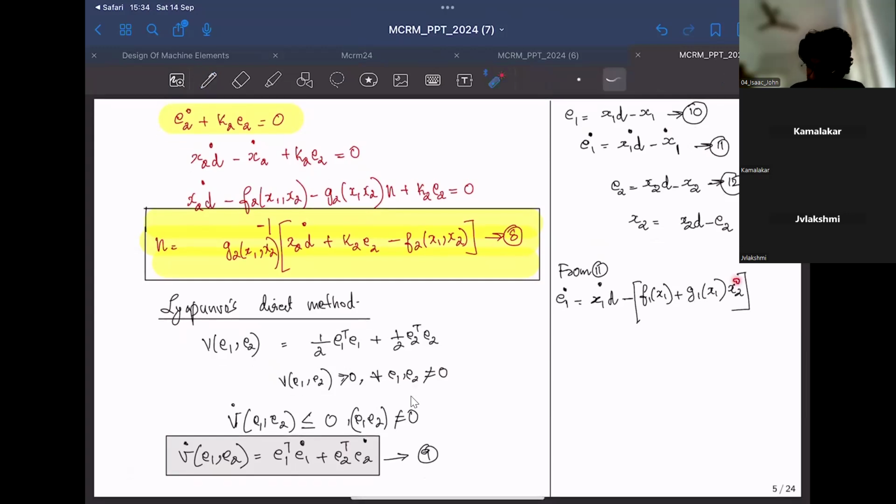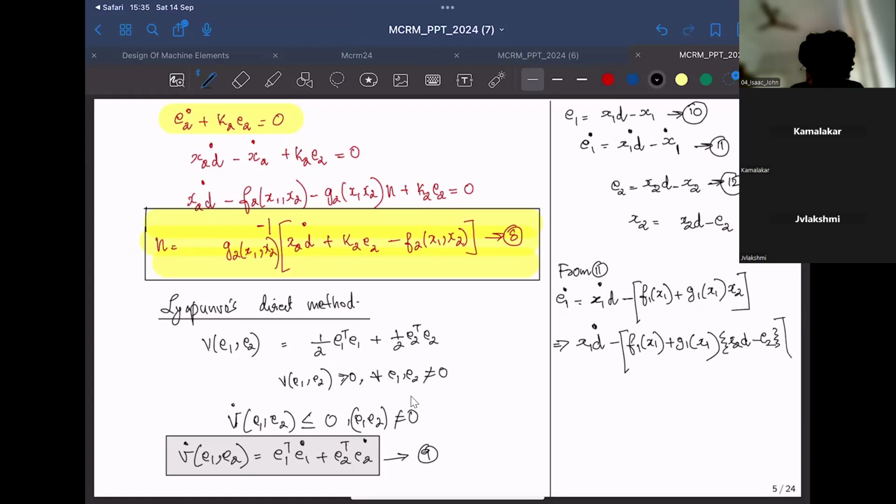So in place of this x2, I can write this term over here, right? So if I write it like this, it would basically mean x1 desired dot minus f1 of x1 plus g1 of x1 multiplied by x2 desired minus e2.